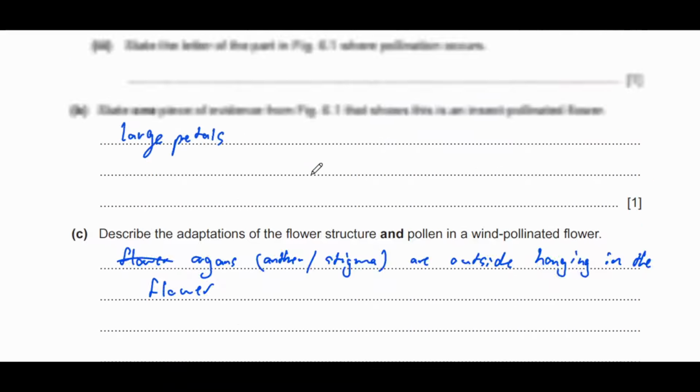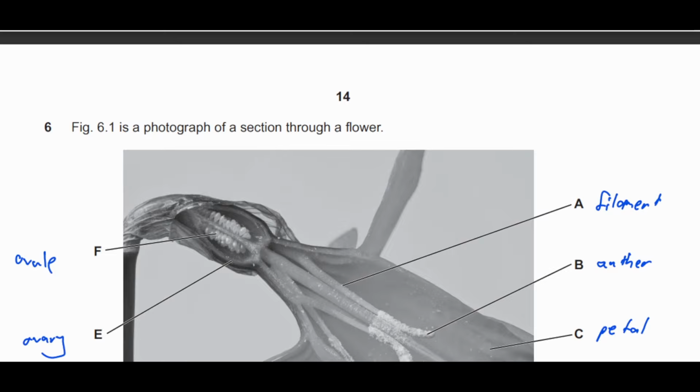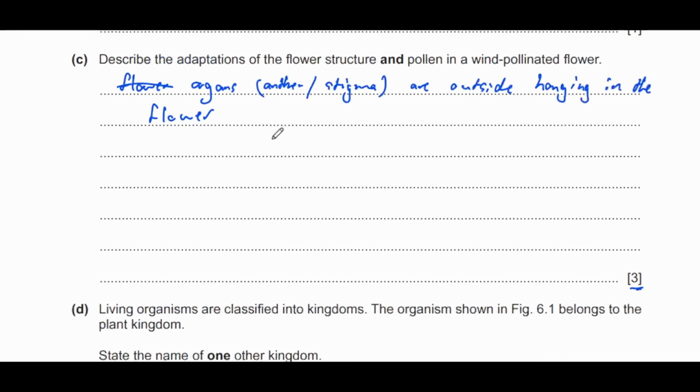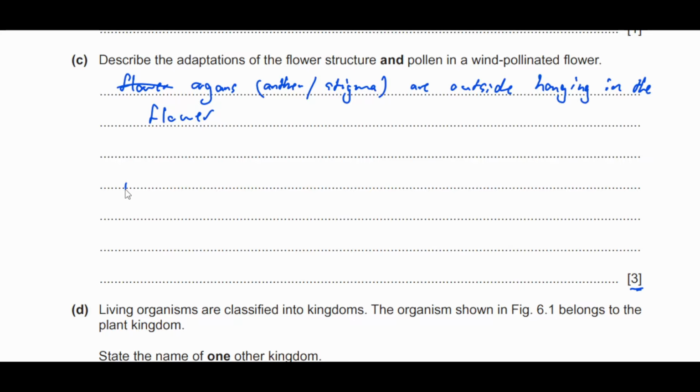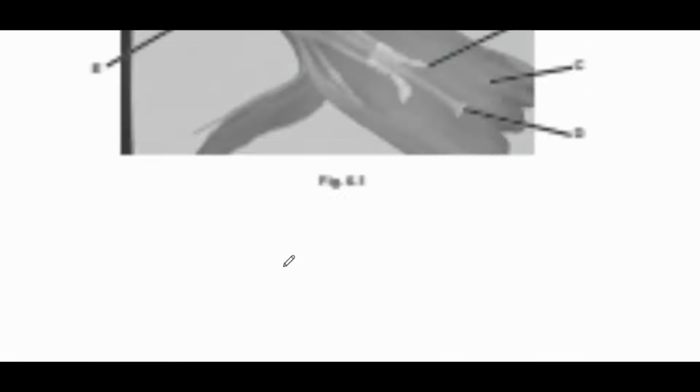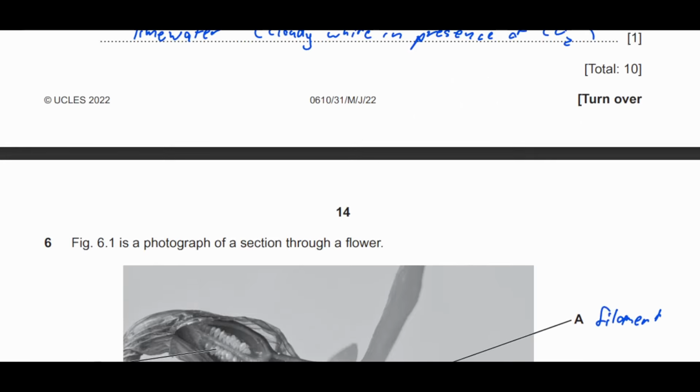You can see here they are hanging outside the flower. They're very long. So we can talk more about pollen, right? The pollen has to be small, and the pollen can be light, or the pollen can be in large amounts. You can see in this picture the pollen is very small and very light and they are produced in large amounts. Okay.